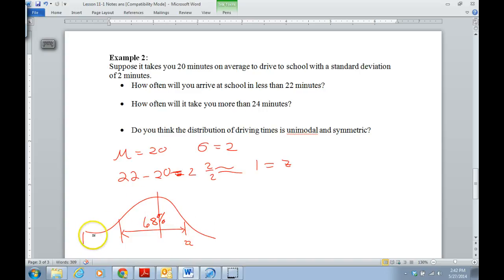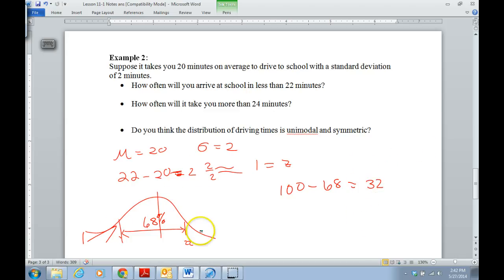All right, my next question for you is, we have that much, but we still need to include this tail in there, because it says, what percent of the time are you less than 22 minutes? So we have to subtract it from 100. So 100 minus 68 is what? 32. Okay?